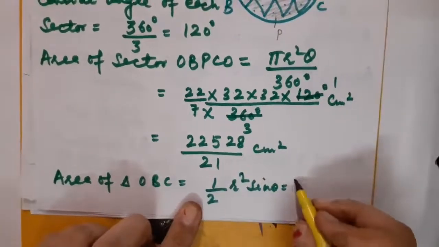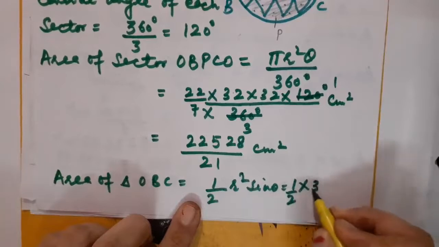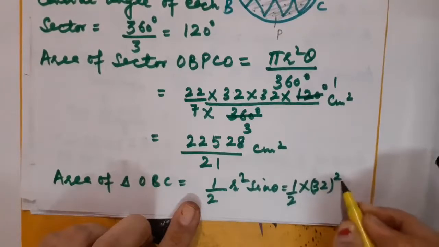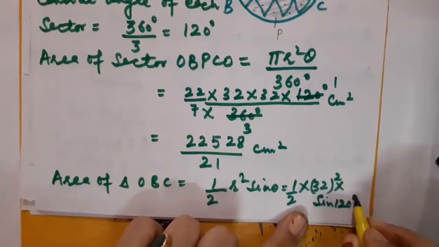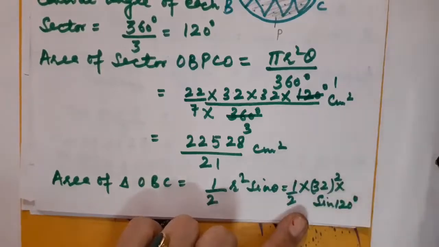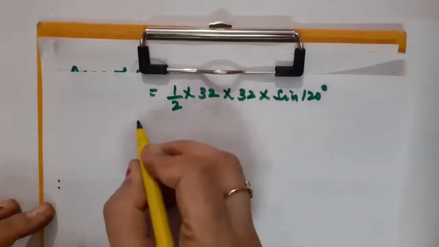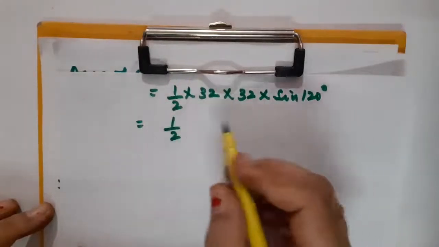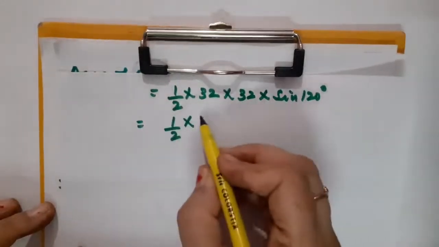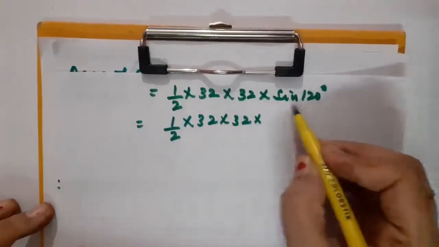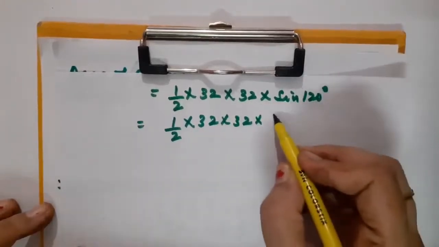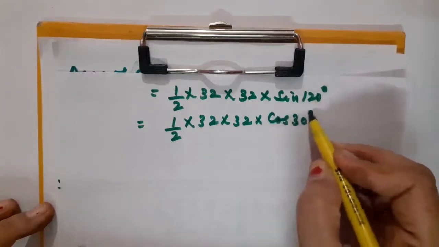So what it would become? Half into 32 square into sine theta is what? Sine 120 degree. So children, here I have got this value 1/2 into 32 into 32. I explained you that sine 120 is what? That is cos 30 degree.